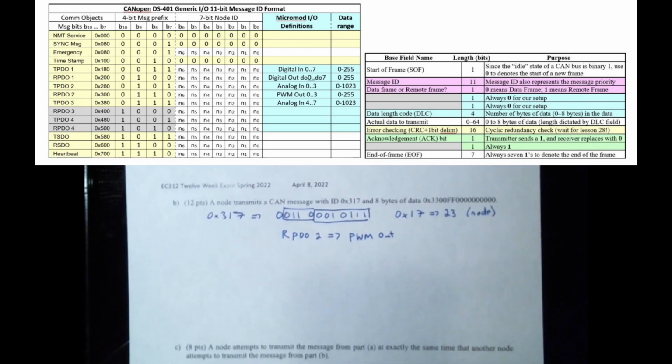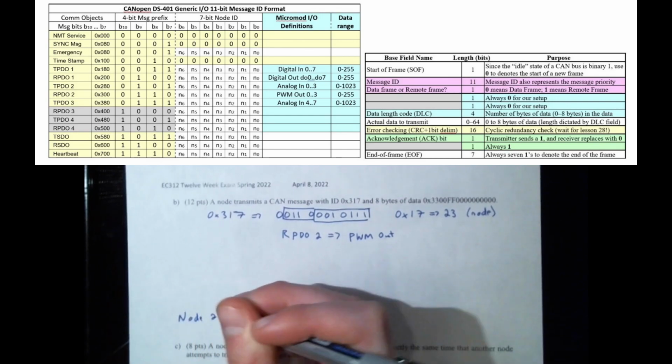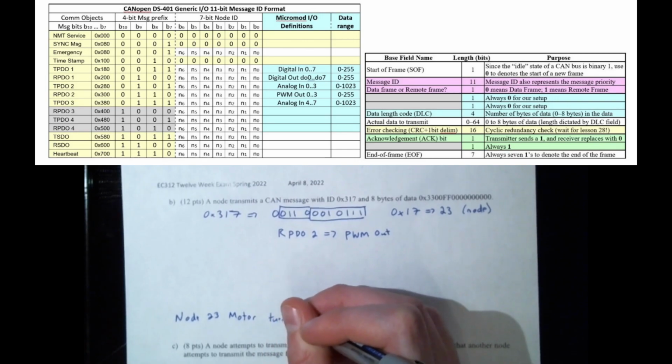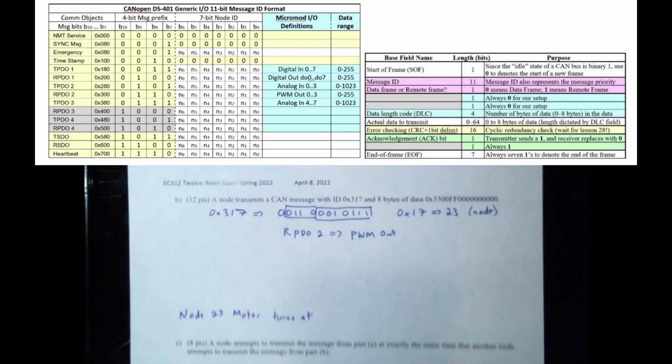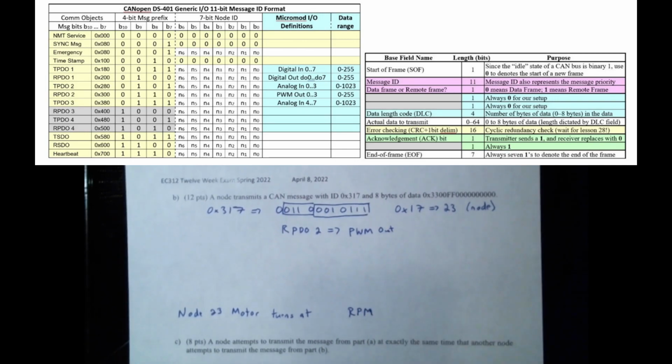So this is data coming over the PWM channel, which from our diagram of the setup is going to the motor. What the problem told us to do was write out a message saying node 23 motor turns at blank RPM. So we now need to figure out what RPM this is going at.